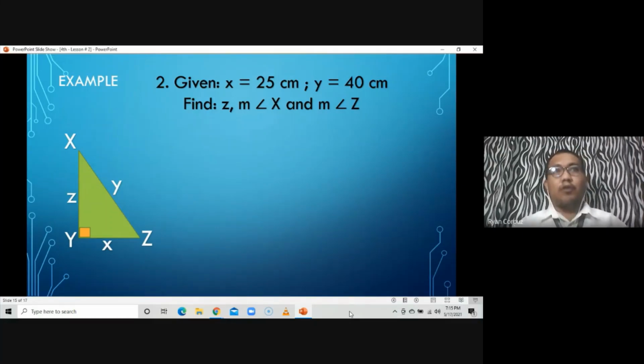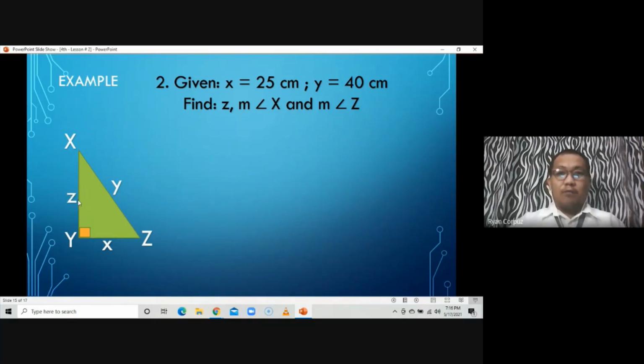Di ba yung Pythagorean theorem, it states that the square of the hypotenuse is equal to the sum of the squares of its legs. Na pwede natin siyang gawin din na C is equal to the square root of A squared plus B squared. But in the case of this, Y, which is the hypotenuse, is already given. So what we are looking for sa madaling salita is the other leg.